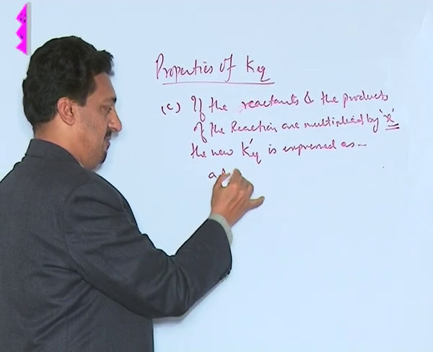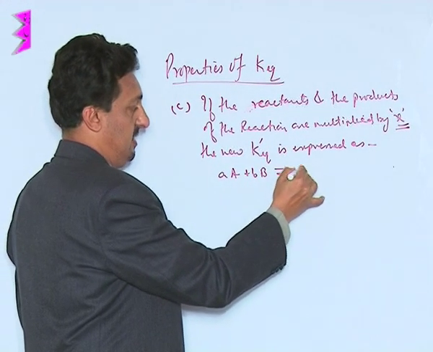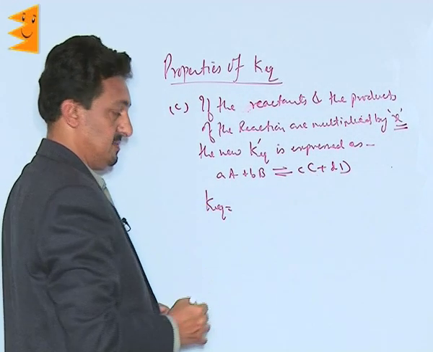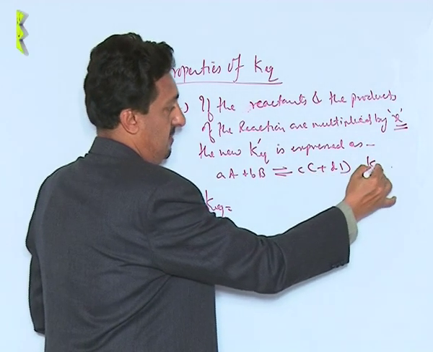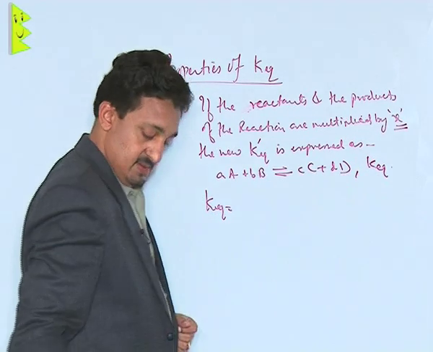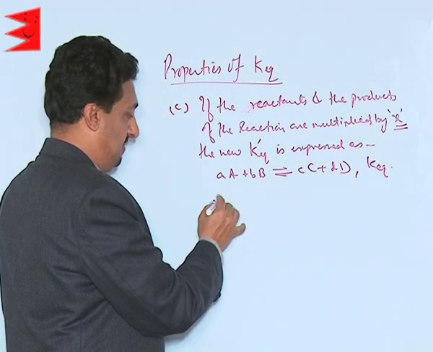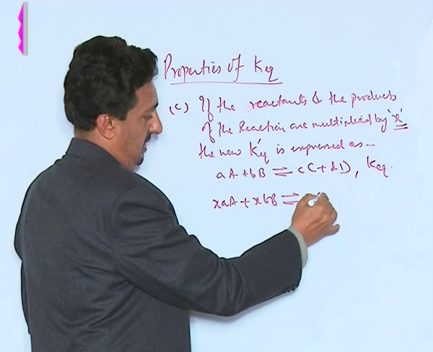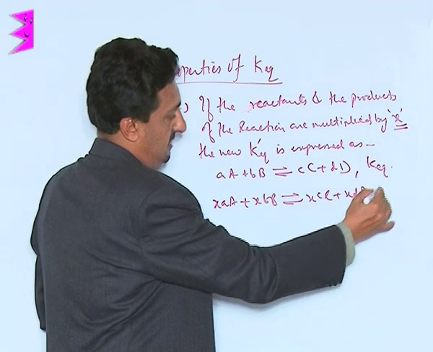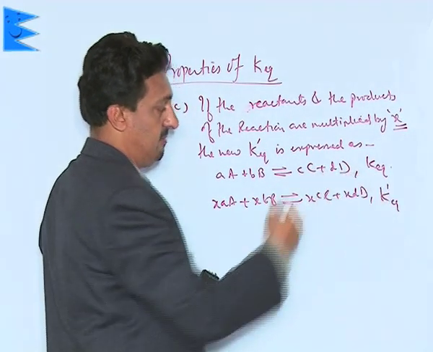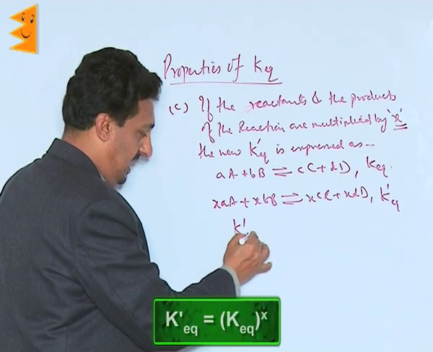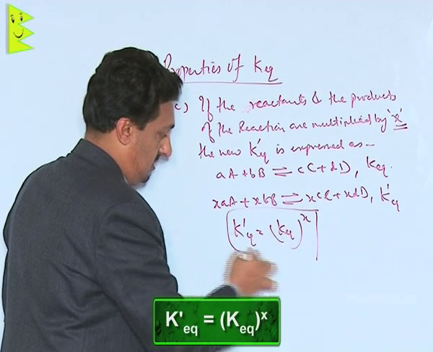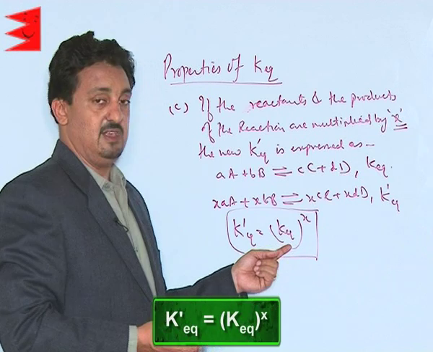Let's take a moles of A combines with b moles of B, giving you c moles of C and d moles of D. The equilibrium expression, let it have an equilibrium constant K equilibrium. Now once we multiply this whole by x, it will be xa A, xb B, xc C, xd D. This is the new K equilibrium, K dash. Then this K dash equilibrium constant is the x-th power of the previous equilibrium constant.